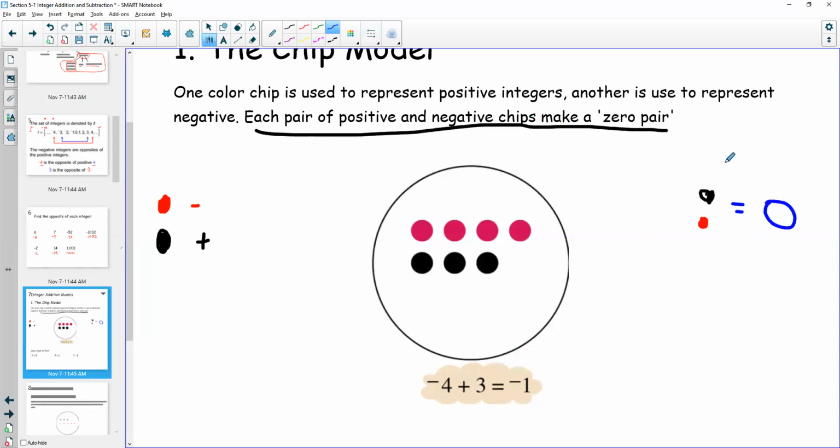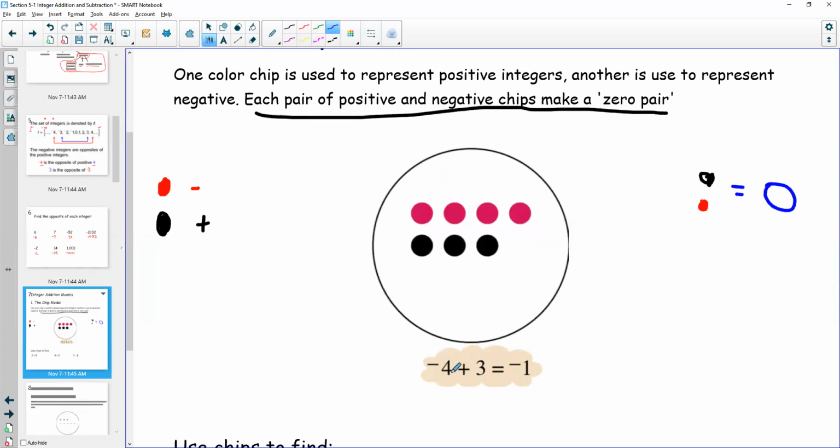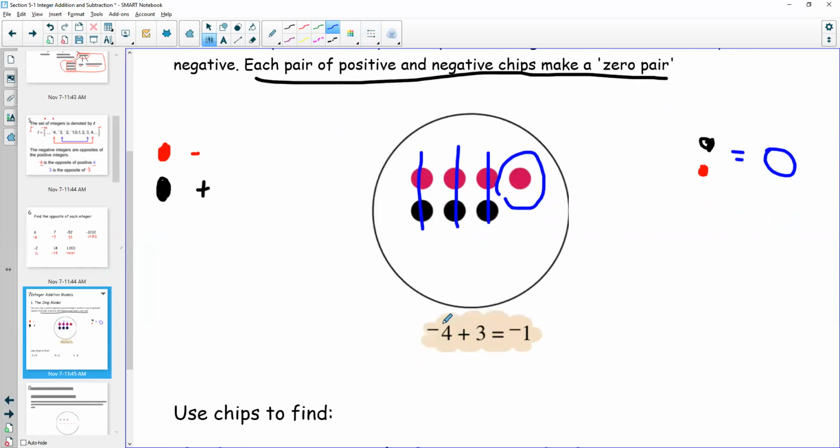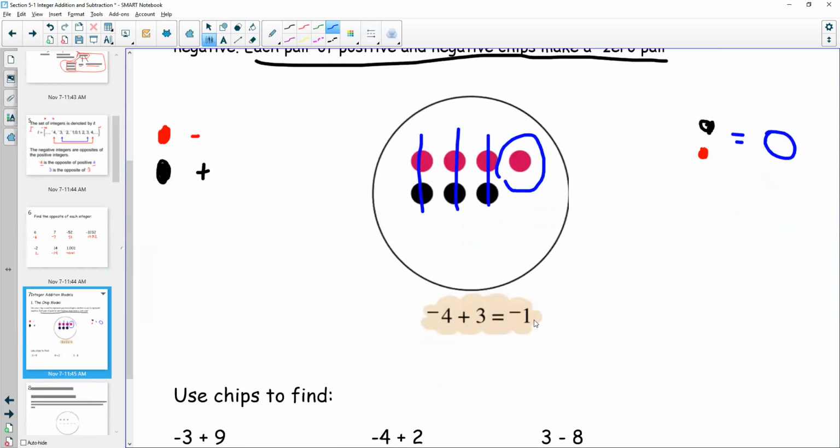That is the key, because when I have a problem like -4 plus 3, I'm going to make zeros. I can match these guys up to make a 0, 0, 0. What's left is a -1. So -4 plus 3 is -1.